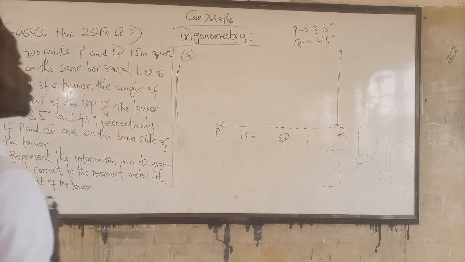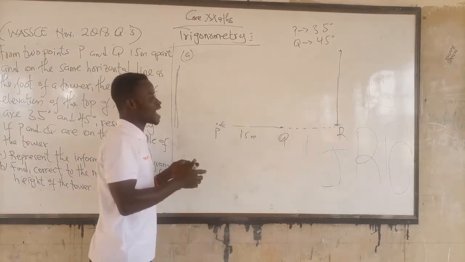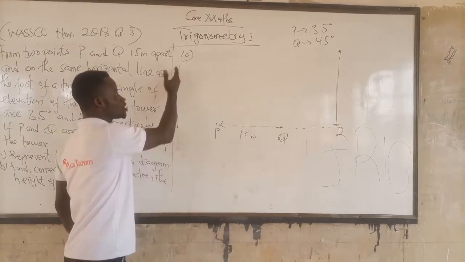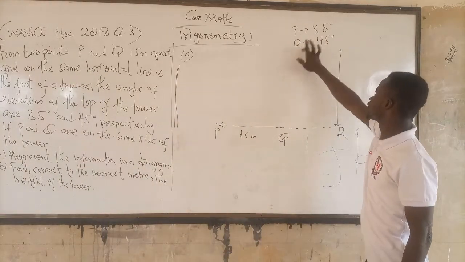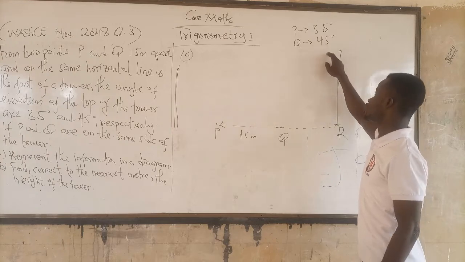Very good. So now, why is it that the pole or the tower will not be here, but rather here? P is 35 degrees. Q is 45 degrees.